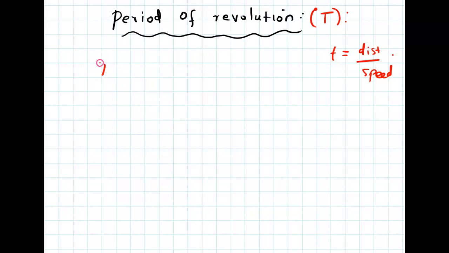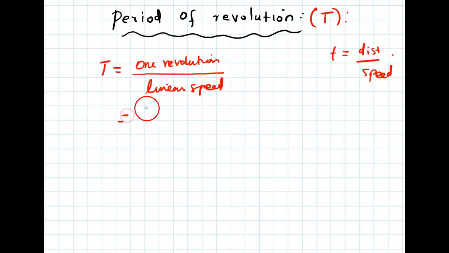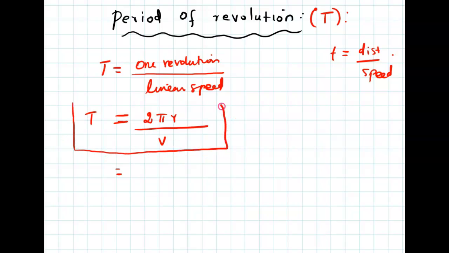So time period is equal to one complete revolution divided by the linear speed. One revolution is 2 pi r, the circumference of a circle, divided by the linear speed v. This is the time period formula.